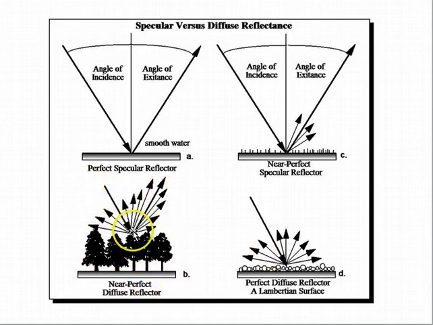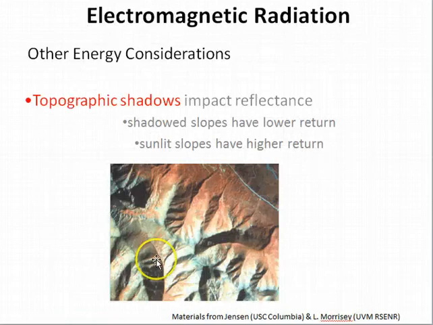So if we have a surface that is aimed so that most of the highest intensity reflectance, which includes some of that specular reflectance, is aimed at the sensor, those areas are going to appear brighter even if they're not in actual shadow.